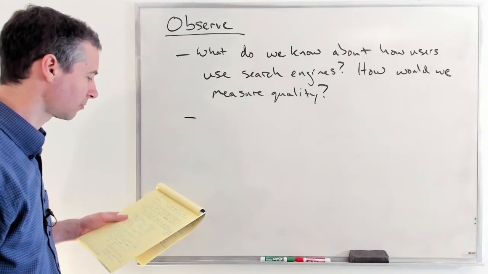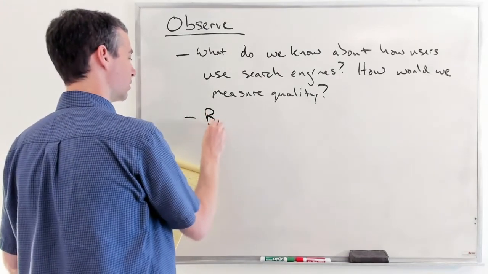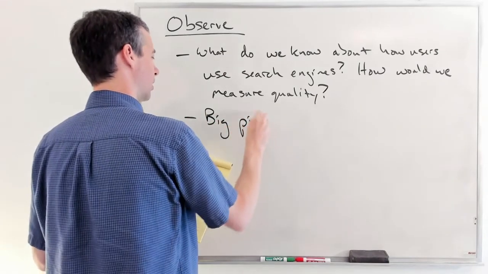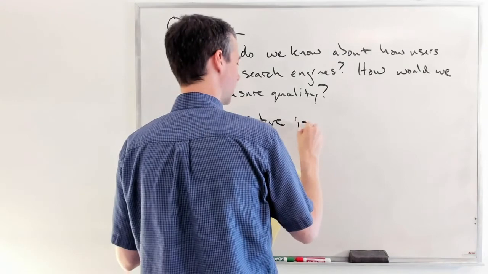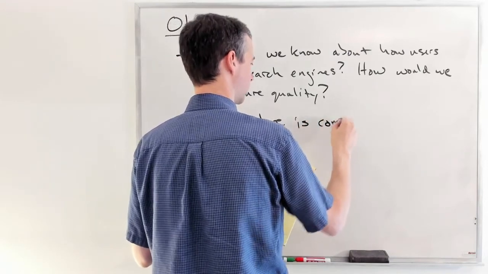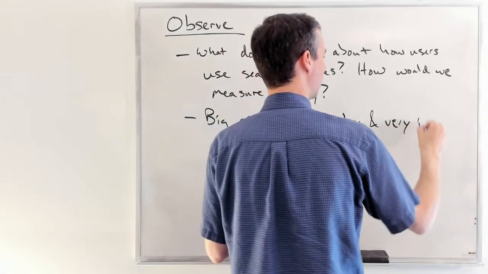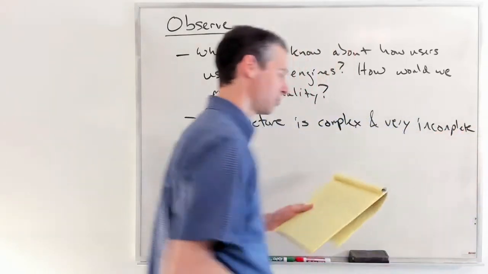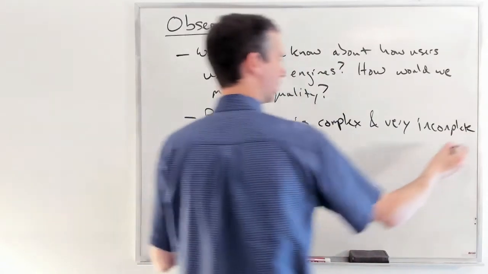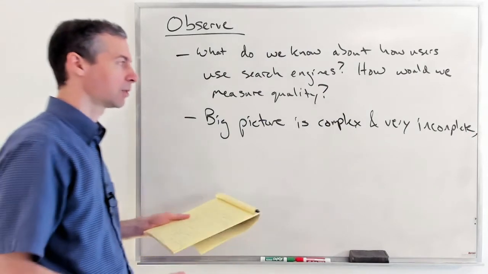I want to point out again, though, that this big picture of everything that users do is complex. People turn to search engines for a huge amount of information needs, and their usage of them, we don't know everything about how they're using them.